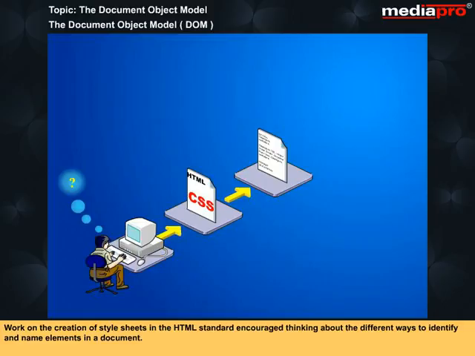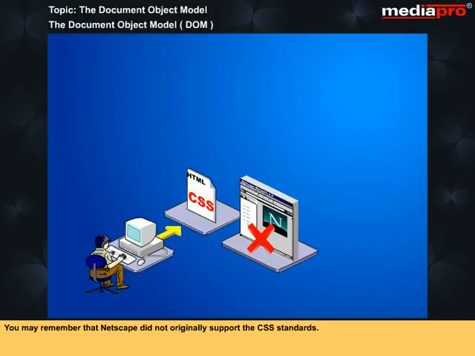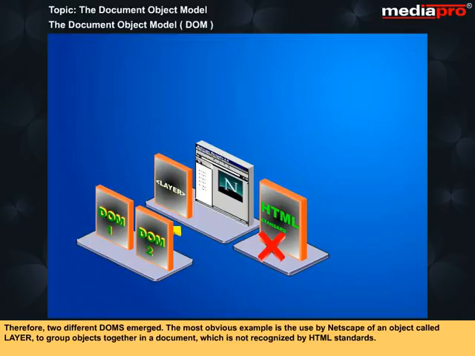Work on the creation of style sheets in the HTML standard encouraged thinking about the different ways to identify and name elements in a document. You may remember that Netscape did not originally support the CSS standards. Therefore, two different DOMs emerged.